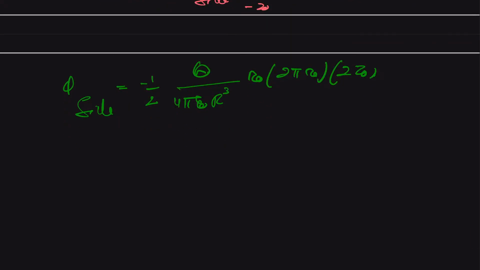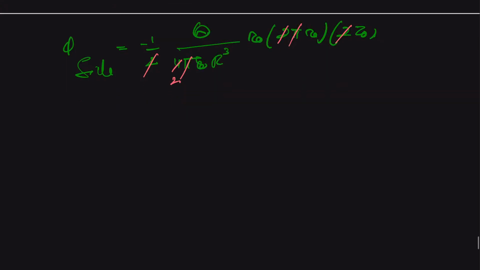So 2 cancels with 2, pi cancels with pi, and the rest we keep the same. So we get the flux through the side will be equal to minus q upon 2 epsilon naught r cube z naught and r naught square.